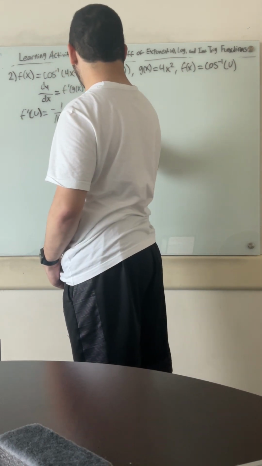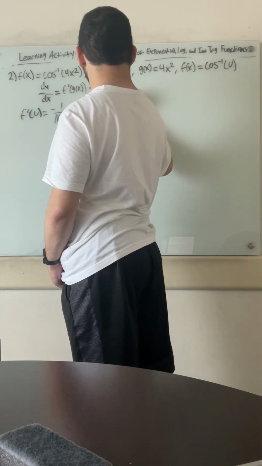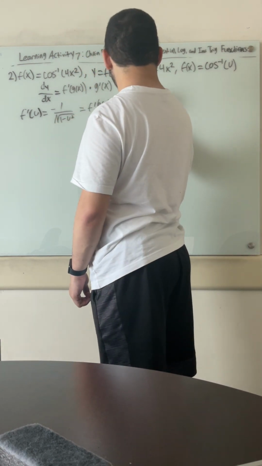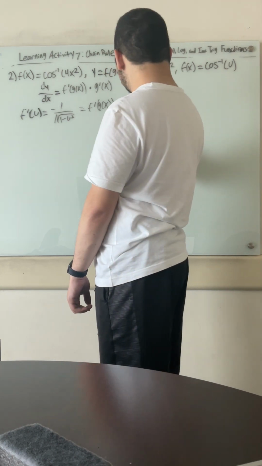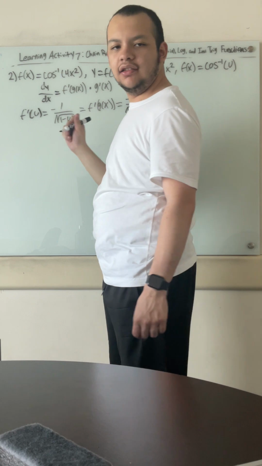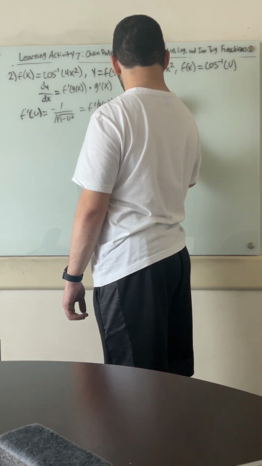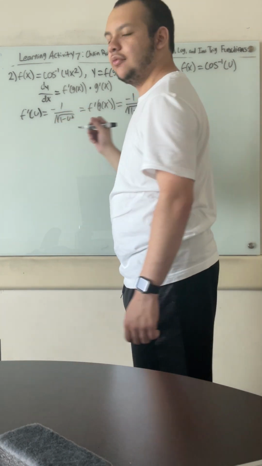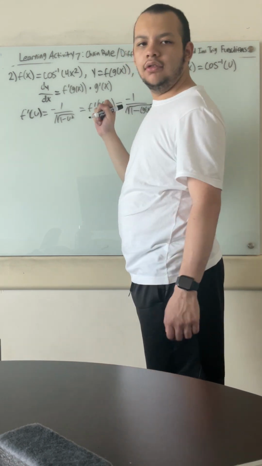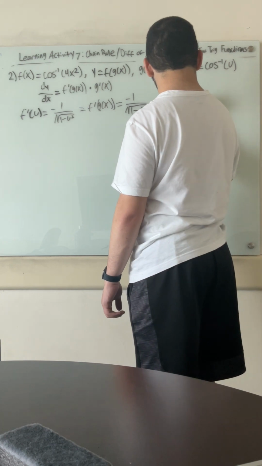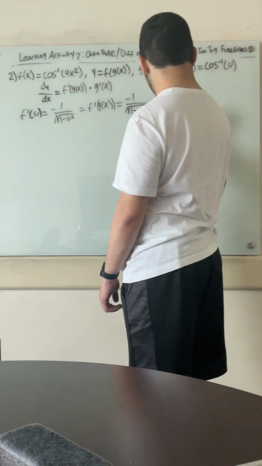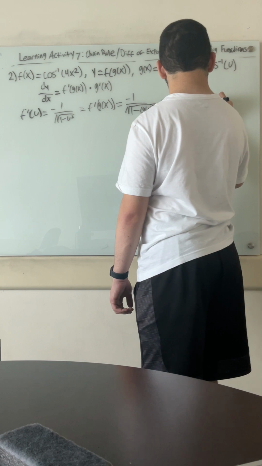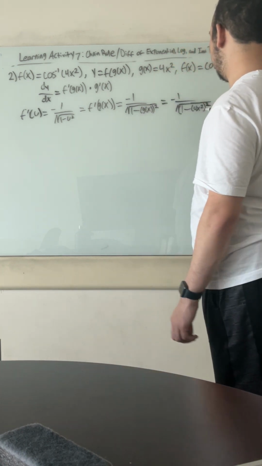Now, our f prime of g of x is equal to -1 over the square root of 1 minus g of x squared, which is going to be equal to -1 over the square root of 1 minus (4x squared) squared. So 1 minus (4x squared) squared, because this is our g of x.